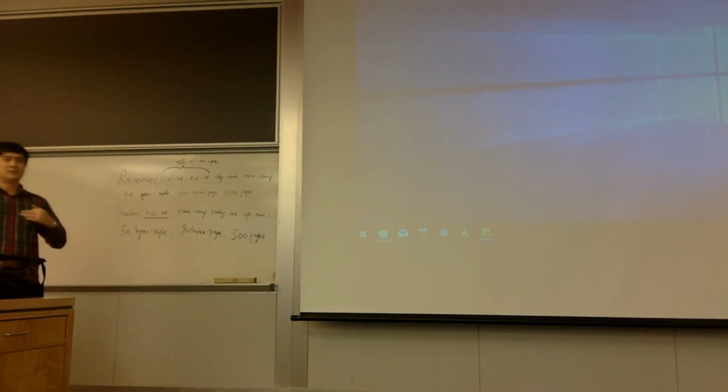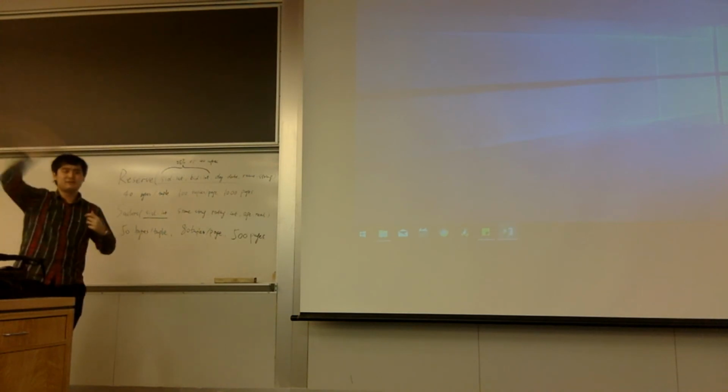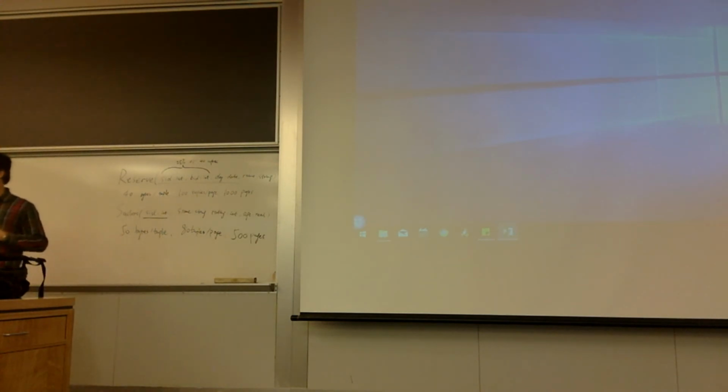So next, I'm going to talk about query optimization. This is a very related problem. As we said, when we are executing a query, we have a data flow model, the Volcano model. You just have a data flow of operators, right?